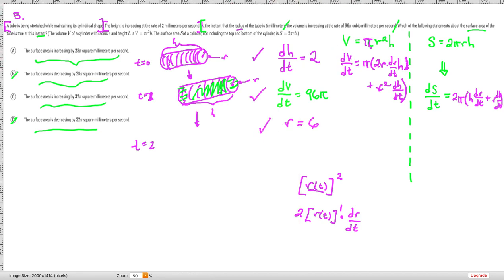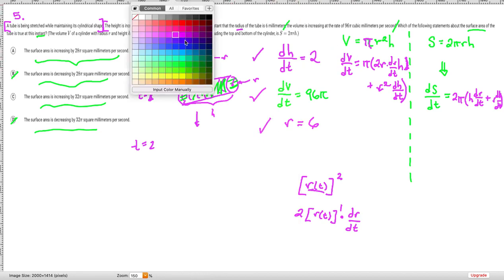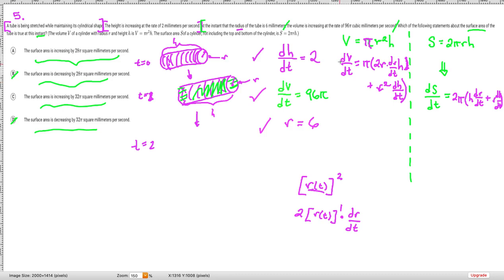Let's go through what I have. In this formula, I have dV/dt. I have an r value. I do not have dr/dt. I do not have an h value, but I have an r value, and I have a dh/dt value.